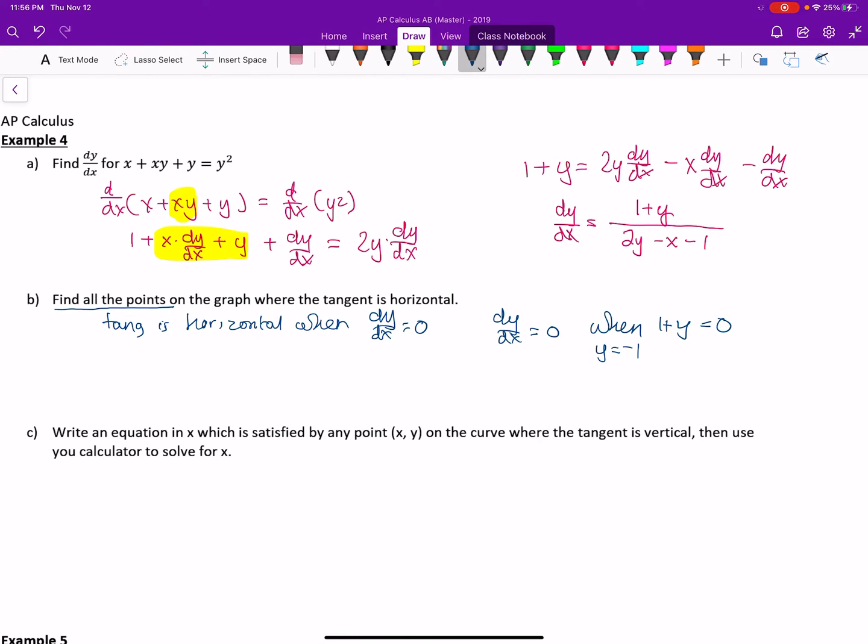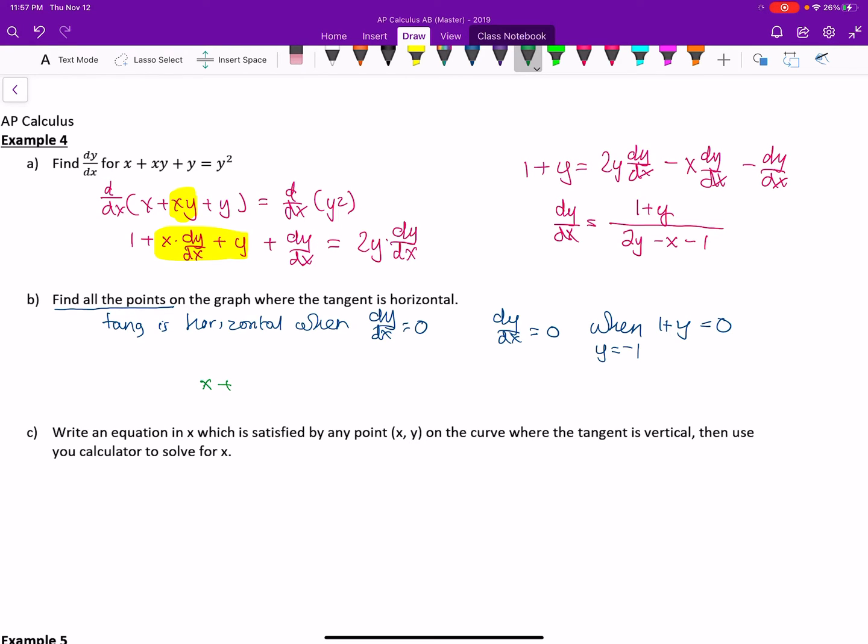Okay, so we've got to do a little bit of work to find that. Let's see if we can do it without a calculator first. When y is equal to -1, I have to substitute back into the original function, or not function, but relation. Whoa, that's not an x, I'm substituting in for y.